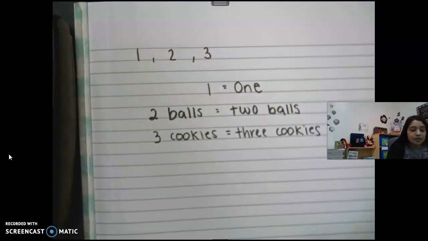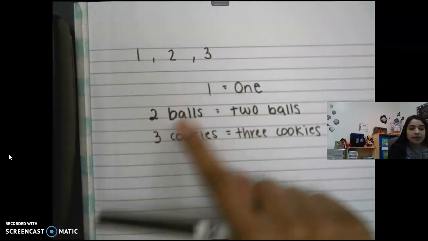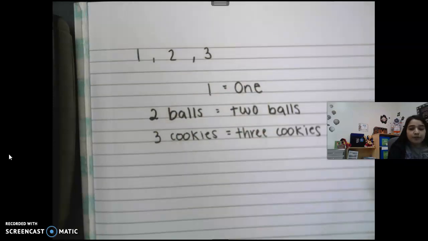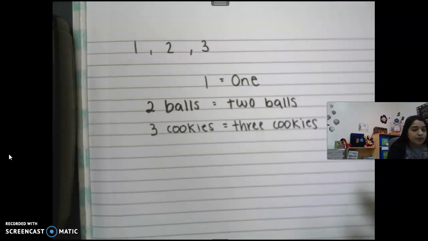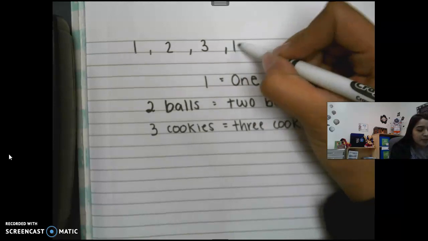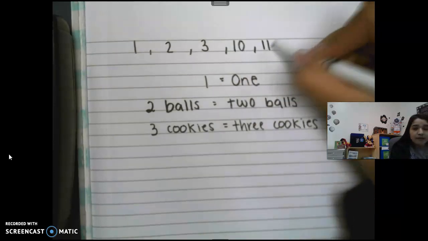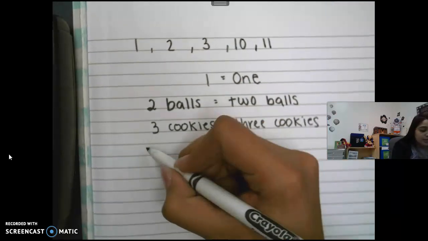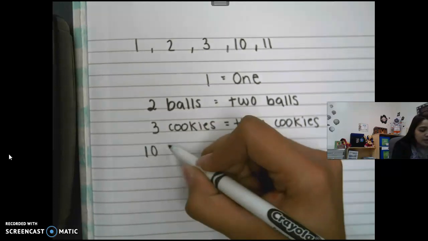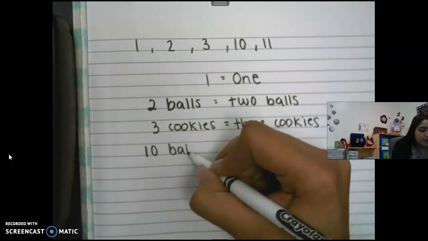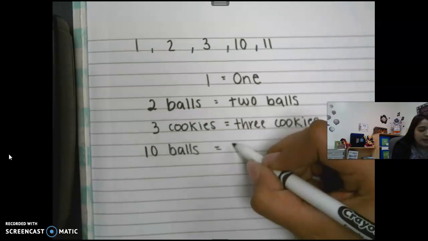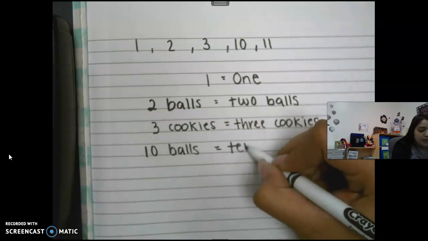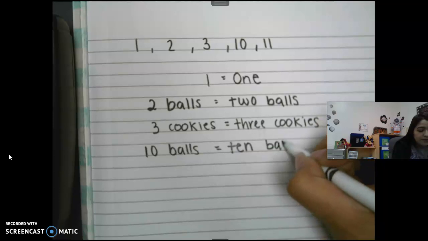So that is another form you can see numbers in, their word form. So for example, if we have 10 or 11, you can see 10 balls. We're going to use balls again. And then you can see the word ten balls.